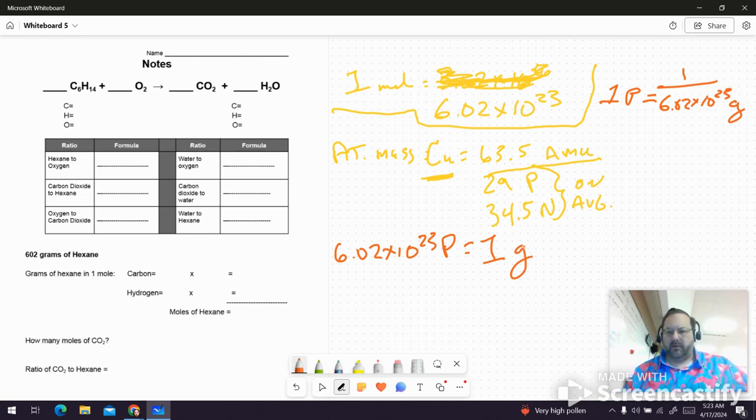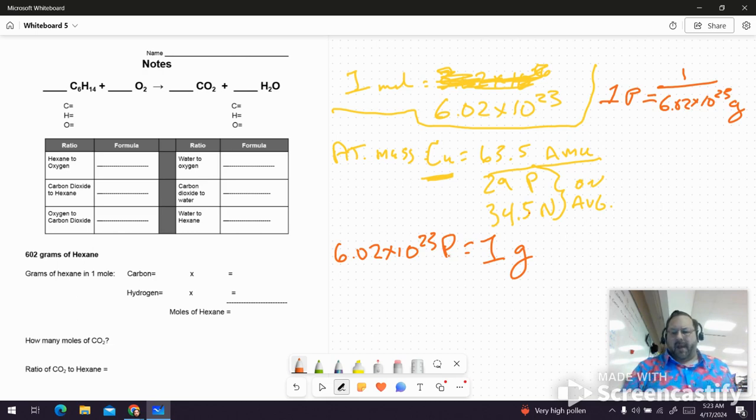You see what I'm doing there? That gives you the mass of a proton. So this still seems kind of weird, right? What does this really mean?